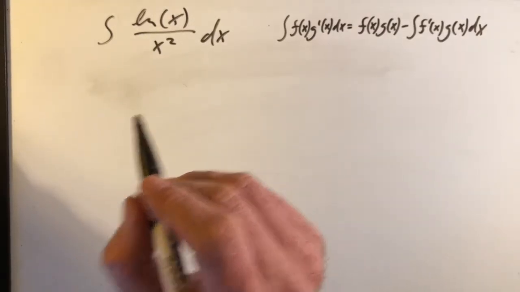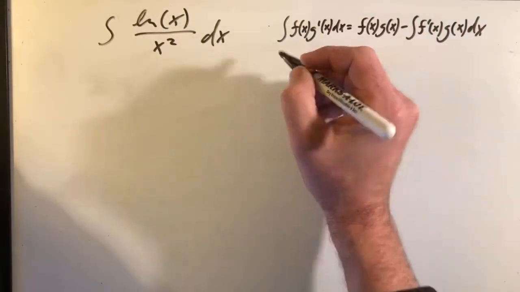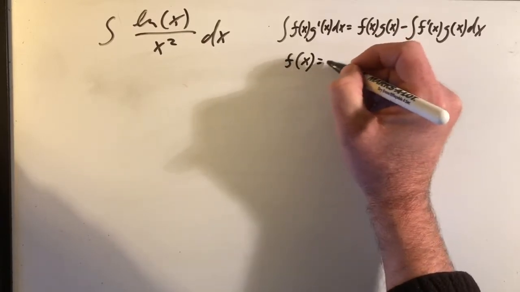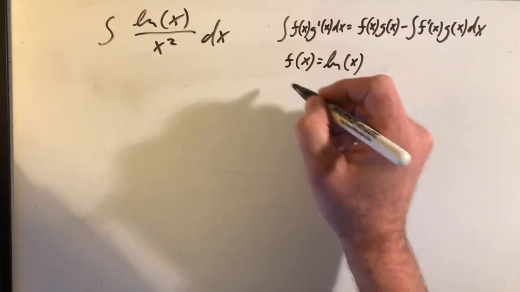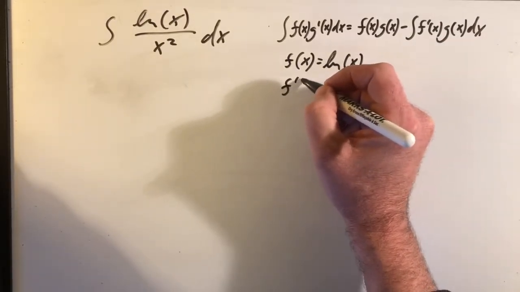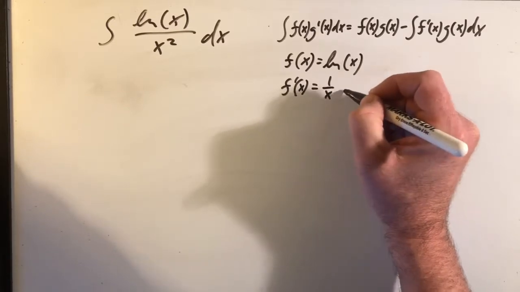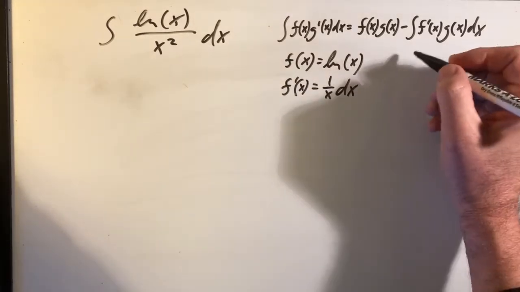Okay, so if I select f of x equal to ln of x, that would mean my f prime of x would equal 1 over x dx, which I think is a good place to start.